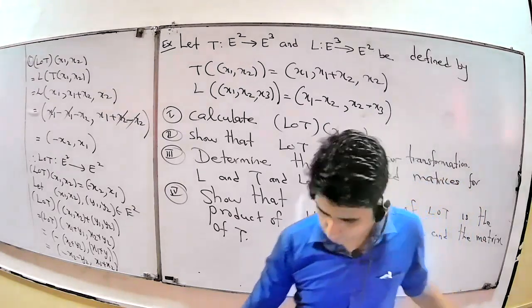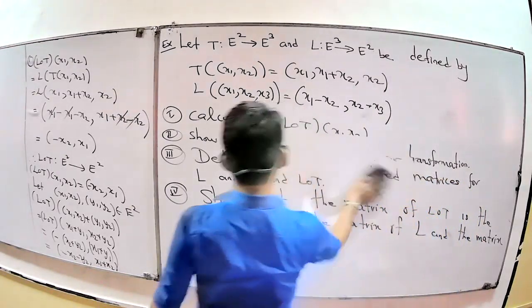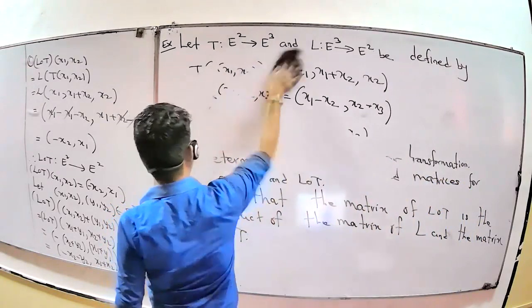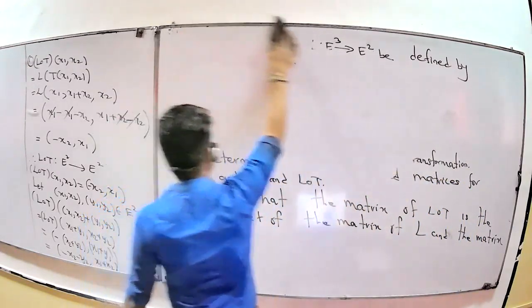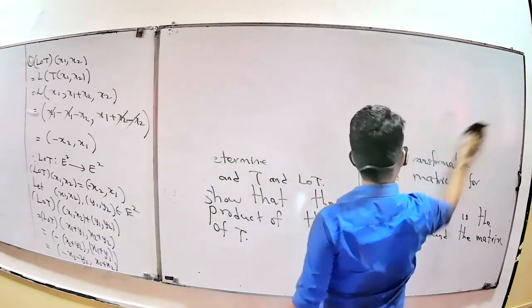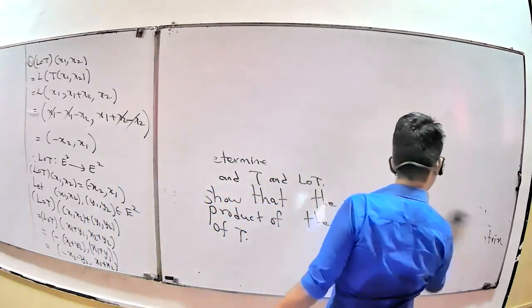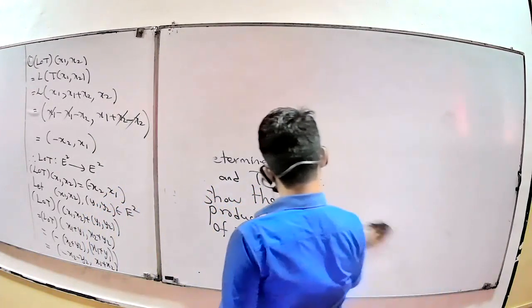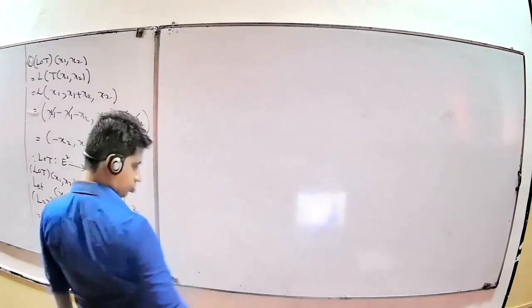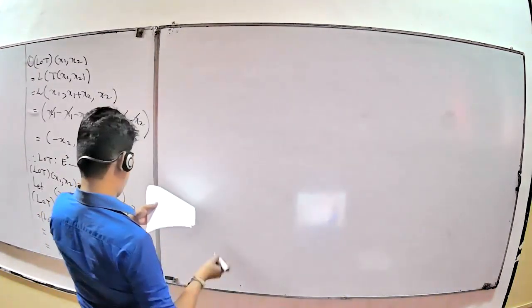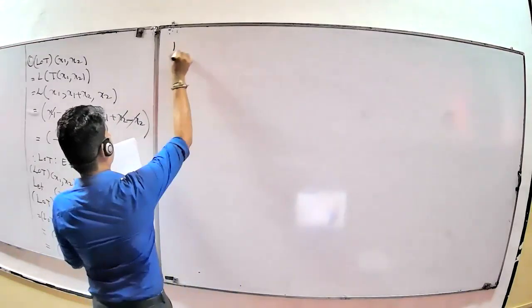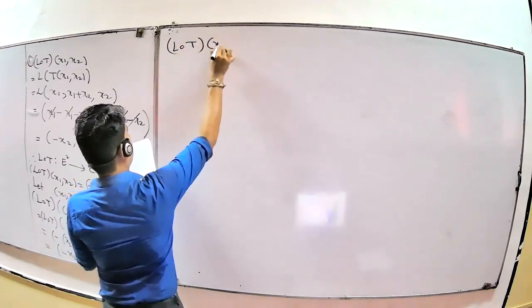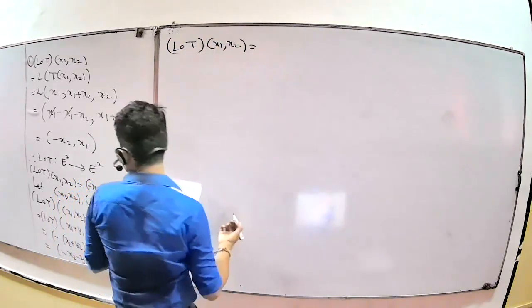Now this L composition T of x1, x2, what is the value?